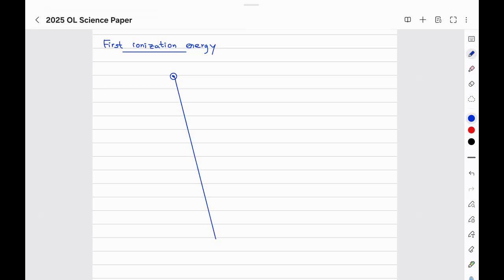Then here comes lithium, then beryllium, boron, carbon, nitrogen, oxygen, fluorine, neon. Look at that. It's a zigzag variation.